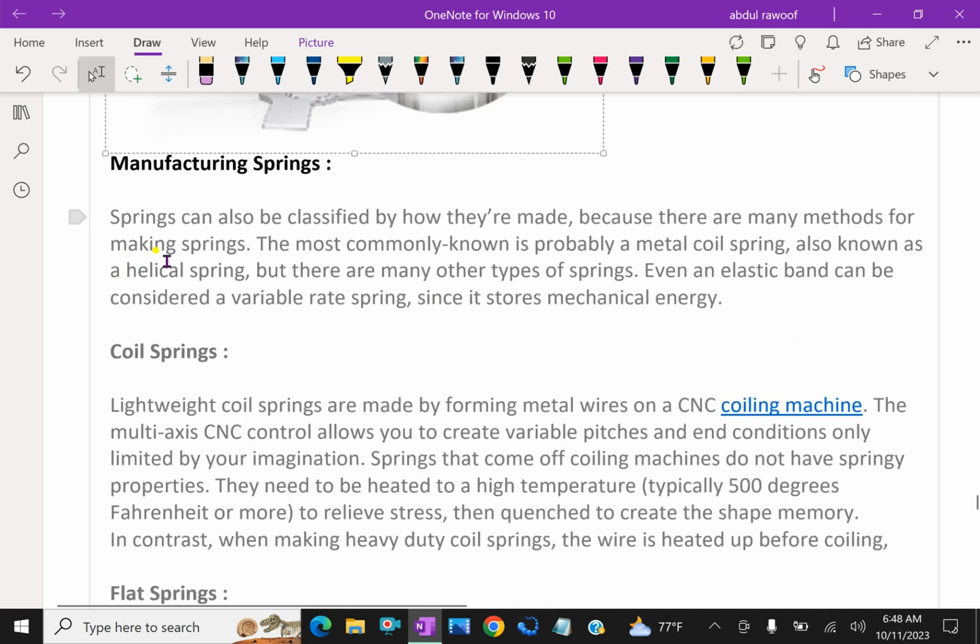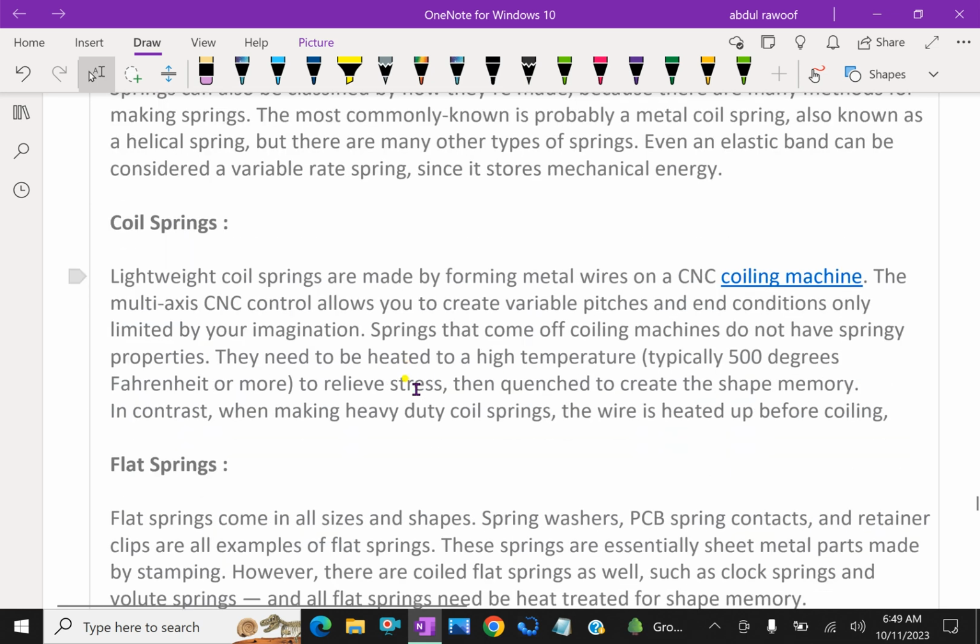Manufacturing springs. Springs can also be classified by how they are made, because there are many methods for making springs. The most commonly known is probably the metal coil spring, also known as a helical spring, but there are many other types of springs. Even an elastic band can be considered a variable rate spring since it stores mechanical energy.